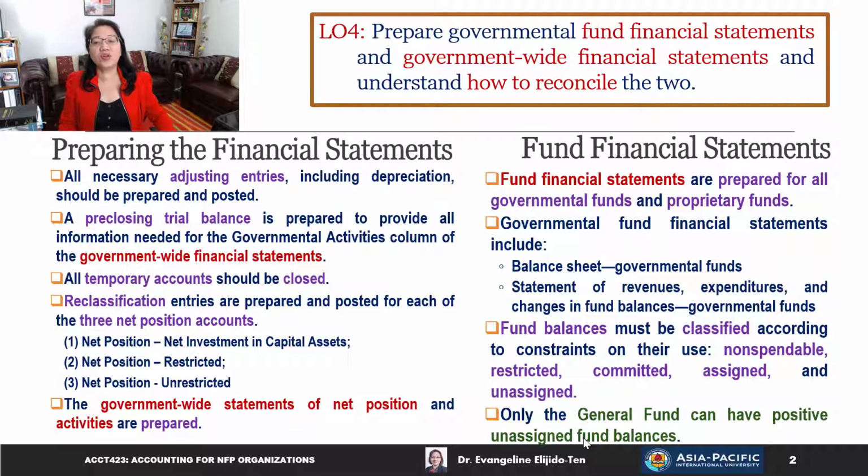Only the general fund can have positive unassigned balances. We remember that because all the other restricted, committed, assigned funds are not allowed to go into the red. All right, and so it's only the general fund that can have positive unassigned fund balances.